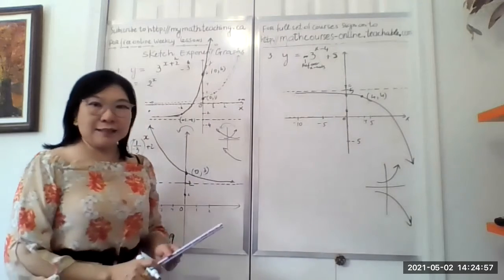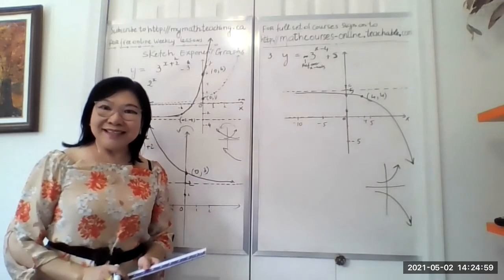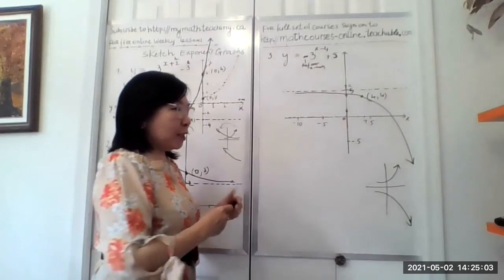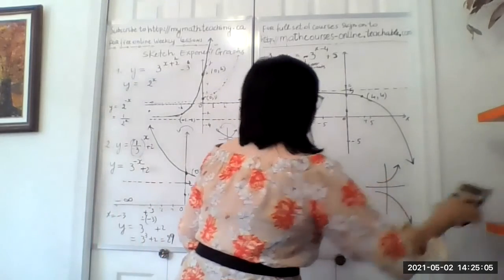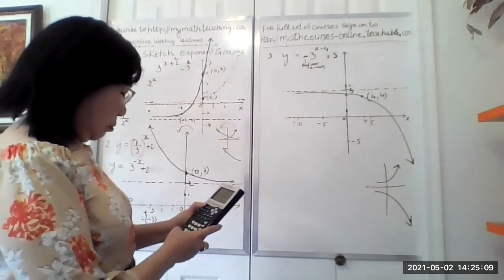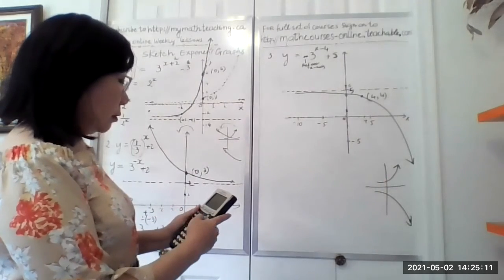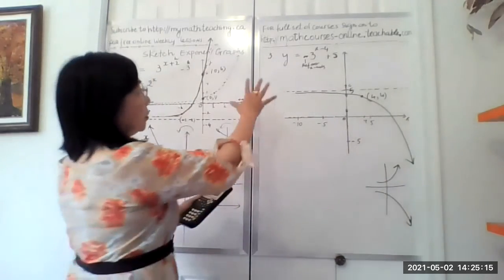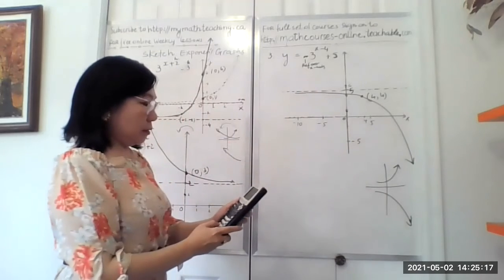So you can see how we sketch by hand rather than with a graphing calculator. It takes longer. Now let me try to enter it into the calculator and see what happens. So let's say I have a function. I'm going to check on the calculator, okay?